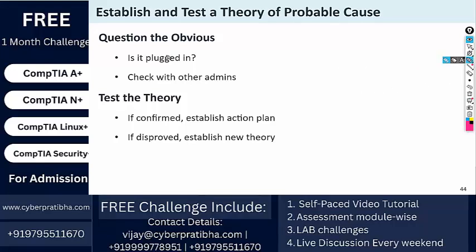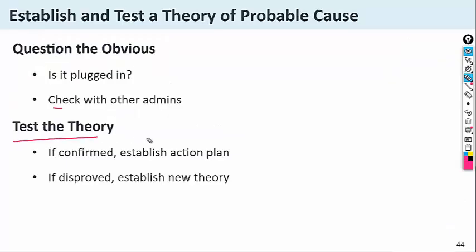Ask questions of the users, and test the theory. Theory means you will generate a theory: the problem may be problem 1, or there is a possibility of problem 2, or problem 3. So you will test your first theory first.